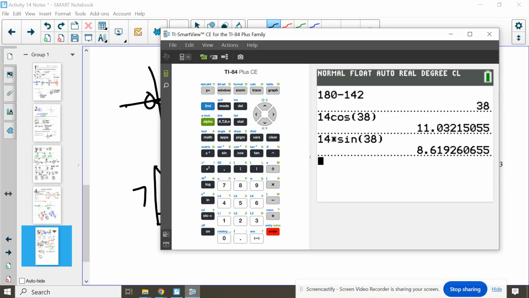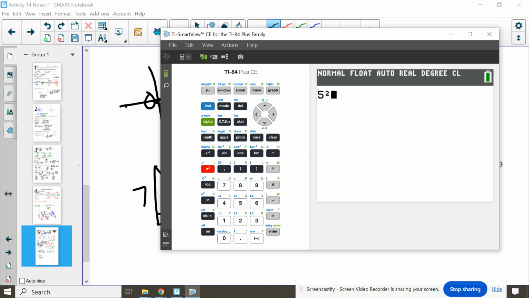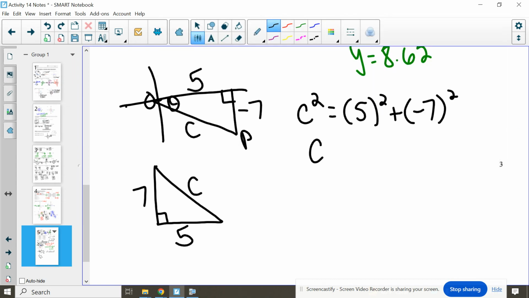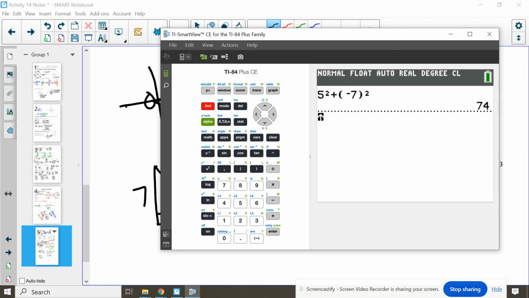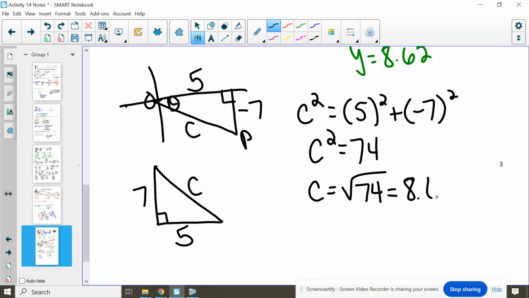And in this case, we would take 5 squared plus, make sure you're using parentheses, negative 7 squared, or you could just use 7 squared, and we would get 74. So you would say either, if you want the exact answer, square root of 74, or the approximate answer, which is about 8.6. So this is going to be our length of O to P on that triangle.